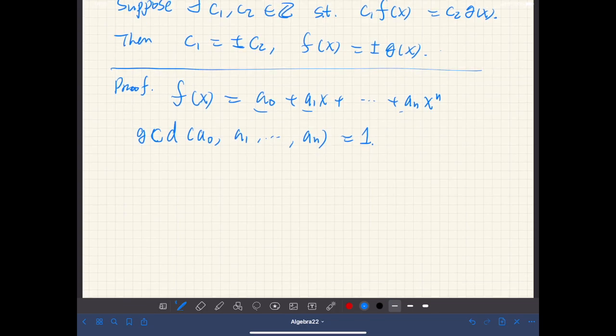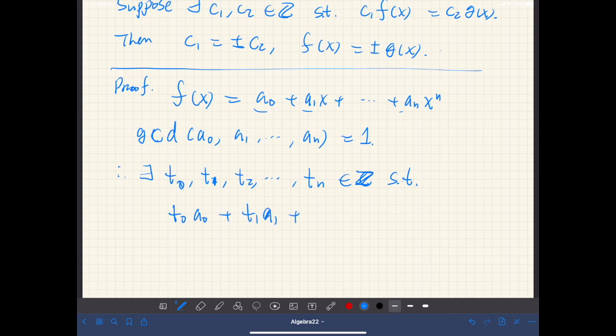So there exist some integers, let's use t0, t1, t2, and so on, such that t0a0 plus t1a1 plus and so on, tn an is equal to 1.